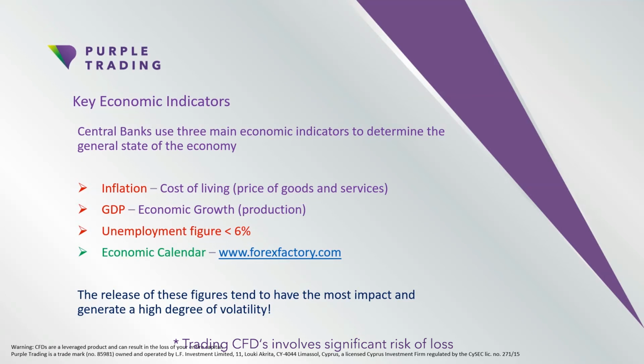Ultimately, inflation will have an effect on spending power relative to the current interest rate of the economy. So if inflation is high, then the banks may consider raising interest rates to counteract this phenomenon.